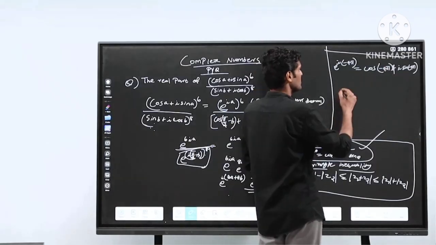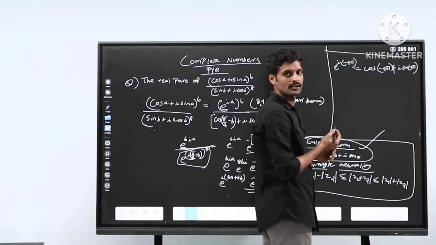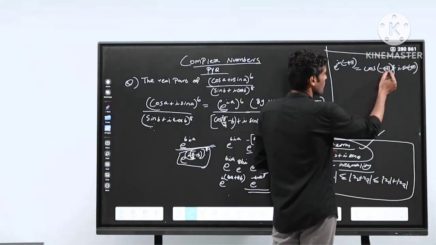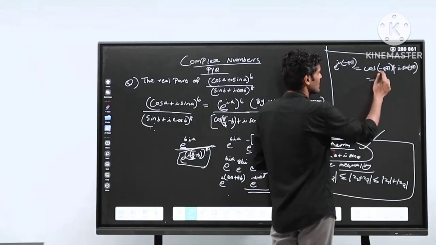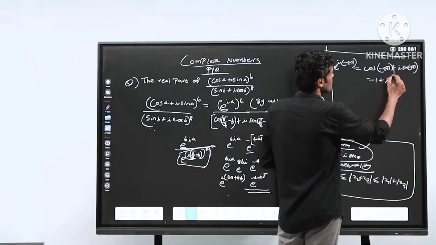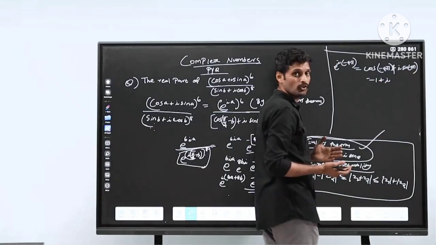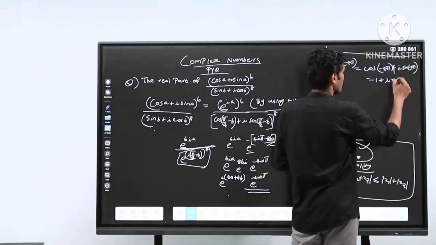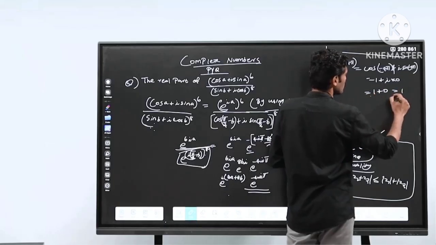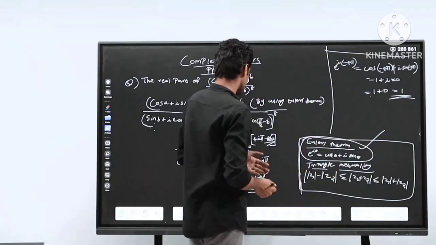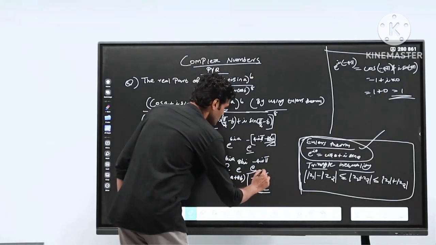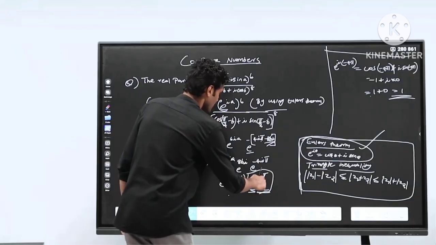We know that cos n pi is minus 1, so cos 4 pi is minus 1. Here it is also there is a minus, that is minus 1 plus I into sine of minus 4 pi. Sin n pi is 0. So that is plus 1 plus 0 equal to 1. So in this expansion we got that the value of e raised to minus 4i pi is 1.